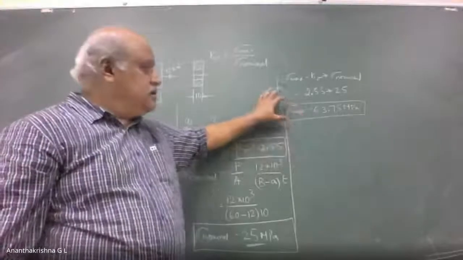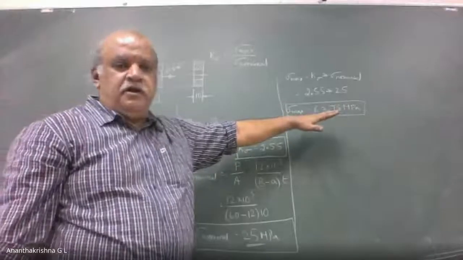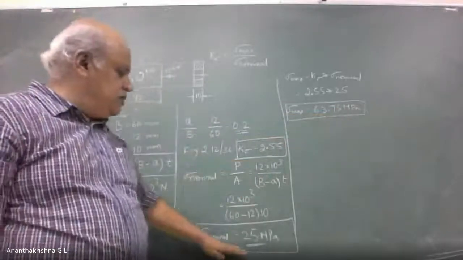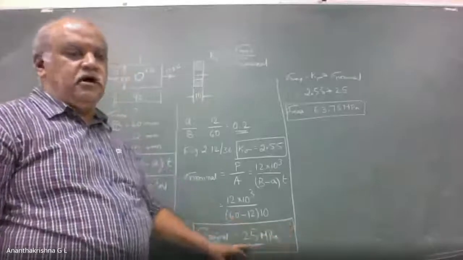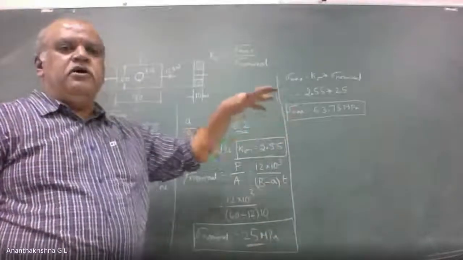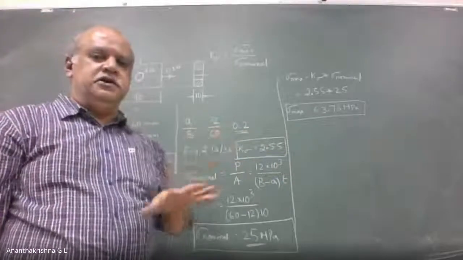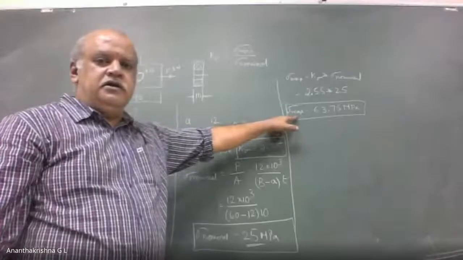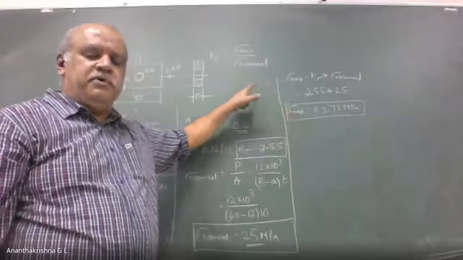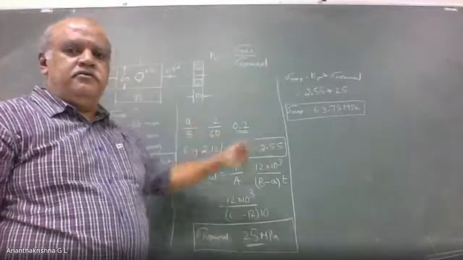The actual induced stress will be 63.75, whereas if we use basic equations, we get only 25 megapascal, which is going to be wrong for design. So we need to take stress concentration into account while designing a component. Could you get the significance of this topic? Yes, sir.